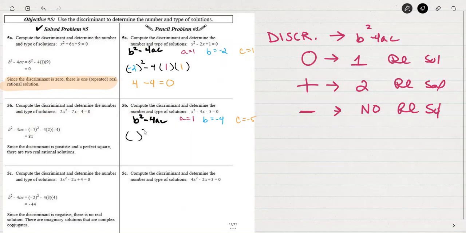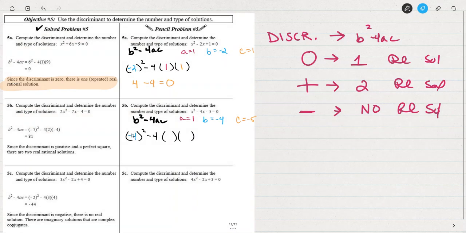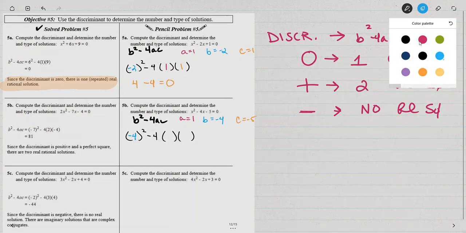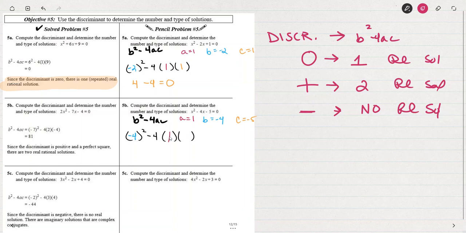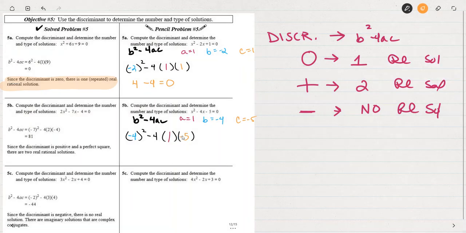So I've got b squared minus 4 times a times c. In place of b, I've got negative 4. In place of a, I've got a 1. And in place of c, I've got a negative 5.